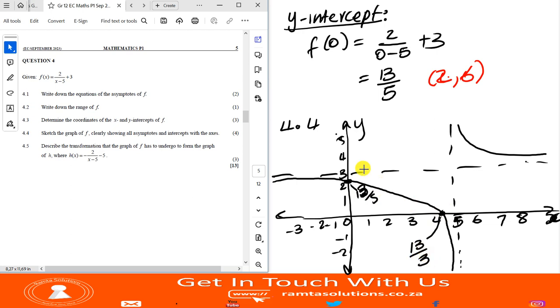So even if you don't write these 1, 2, 3, 4, whatever, it's okay. What is important is to indicate these points, the shape, and the asymptotes. That is important, okay? And of course, label your axes. All right? Perfect.